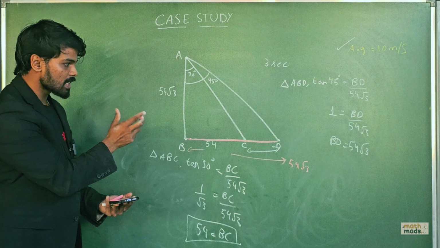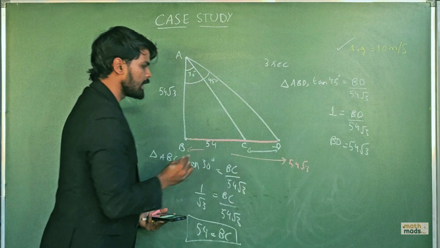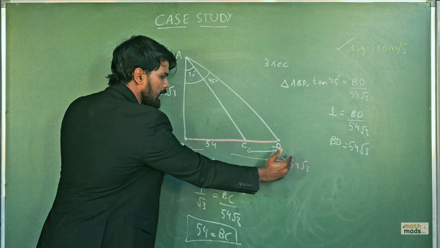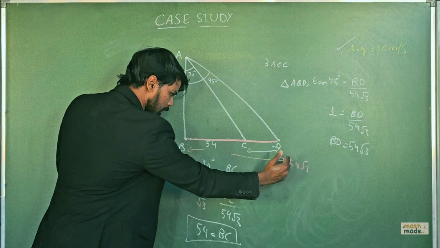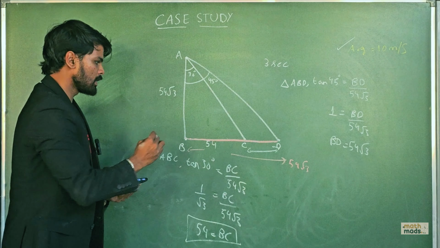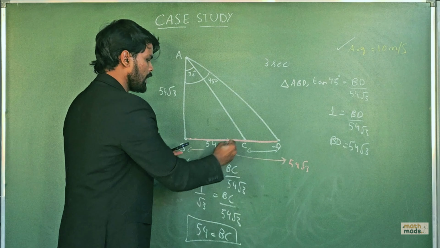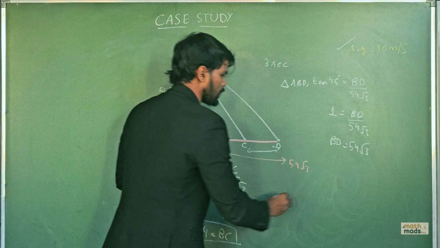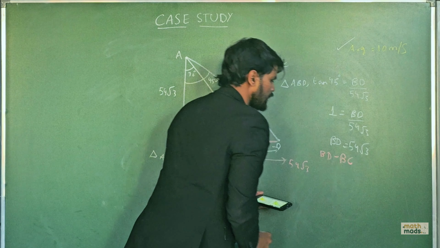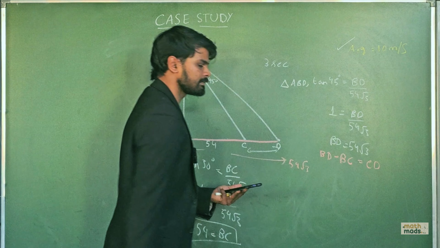What is the actual distance that we want? We want to find this thing, right? We have to find CD. So I know BC and I know the whole thing, that is BD. If I take the difference of BD and BC, the remaining part is CD, correct? BD is given as 54 root 3. BC is 54. Let me do BD minus BC, which is nothing but CD.